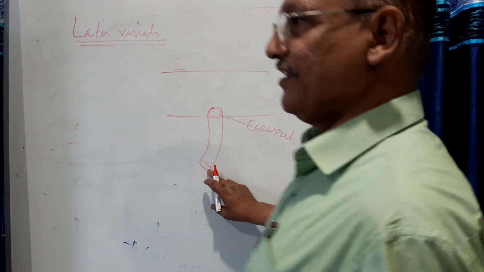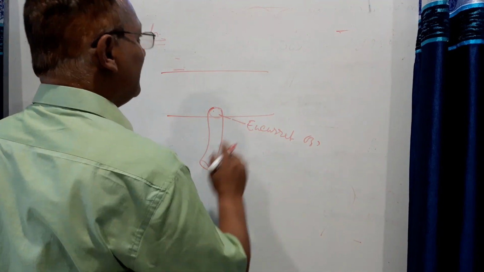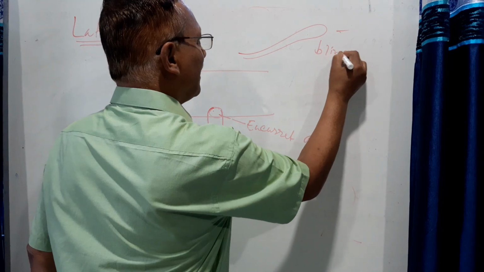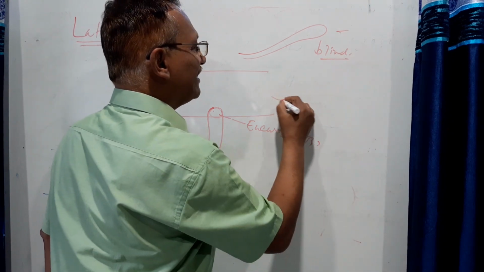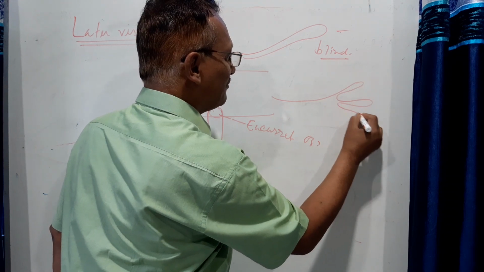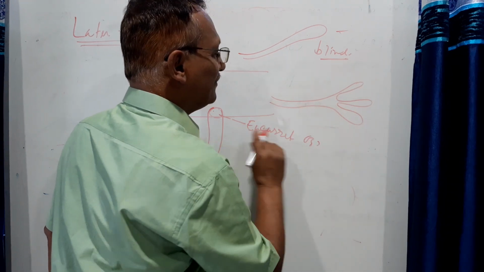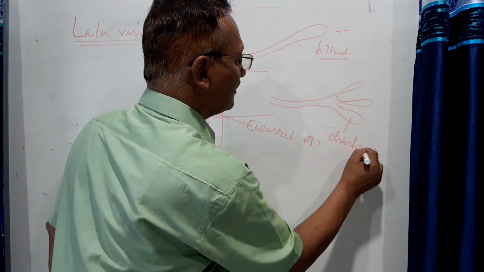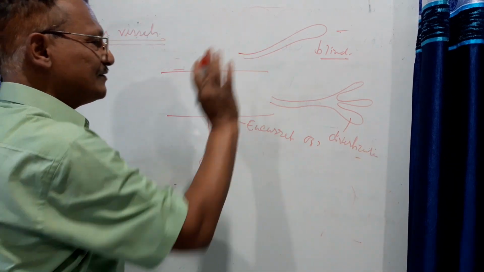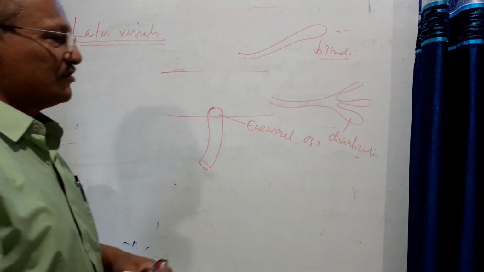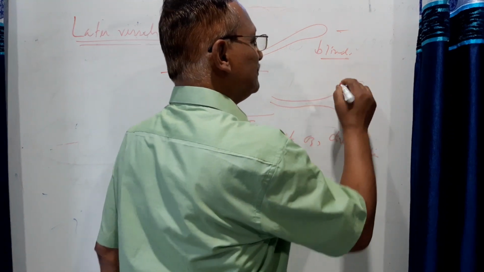But in some cases, this terminal end is modified into some diverticulum. Generally it is blind, but in some cases it has a diverticulum, and this diverticulum extends to some segmental organ.